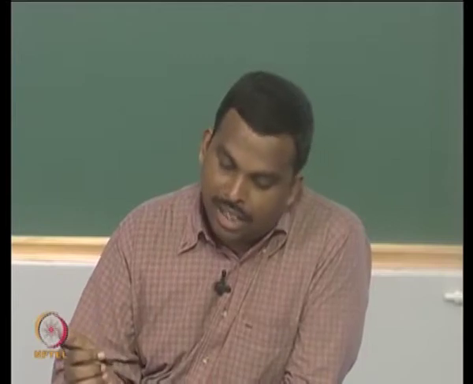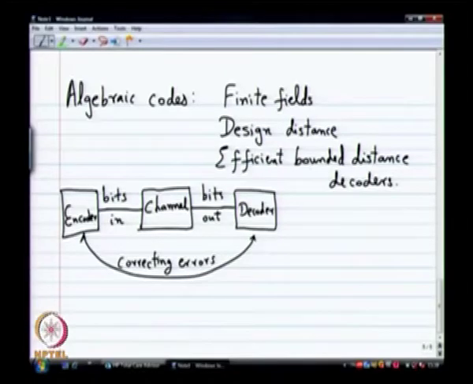As electronics advanced, people slowly started thinking of coding as part of the signal processing in the communication process itself. Instead of thinking of coding as a separate outer box, can we move coding inside, closer to the modulation? Let us differentiate between coding and modulation.